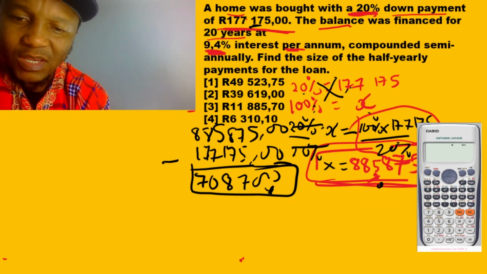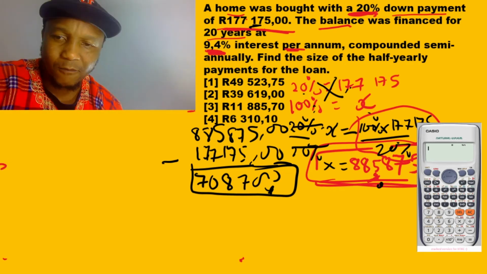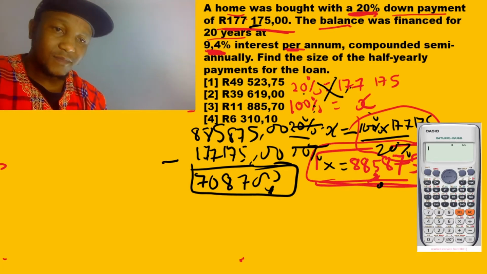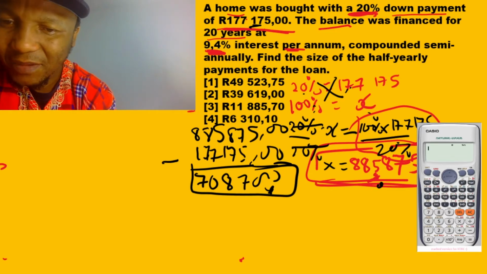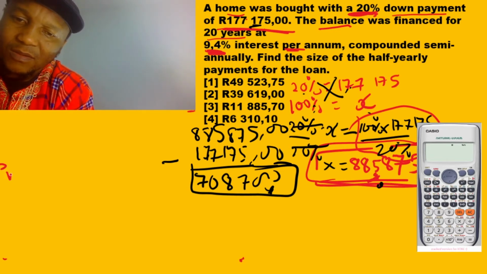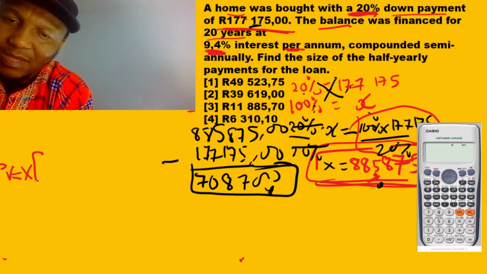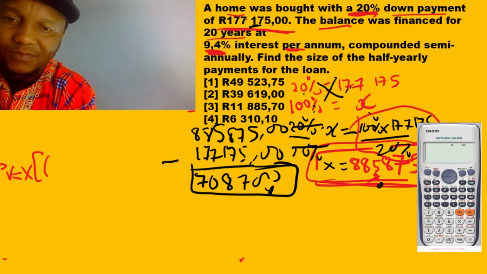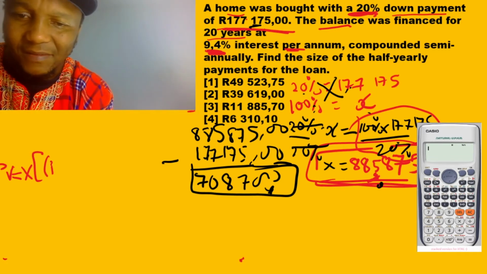The present value formula says PV, present value, equals X, bracket, 1 minus bracket 1 plus the interest rate bracket.